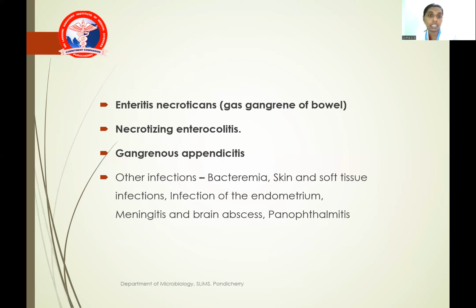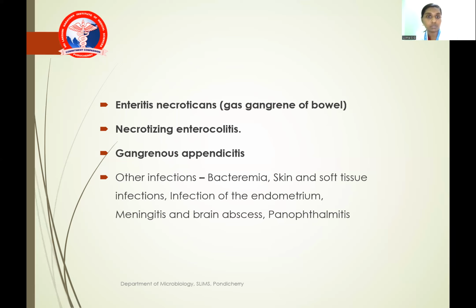Okay. Other enteric infections caused by the organism is enteritis necroticans, which is also known as gas gangrene of the bowel. It is a fatal illness, it manifests as necrotic lesions in the jejunum, and it is also known as pig-bel in other languages. It is a fatal condition.